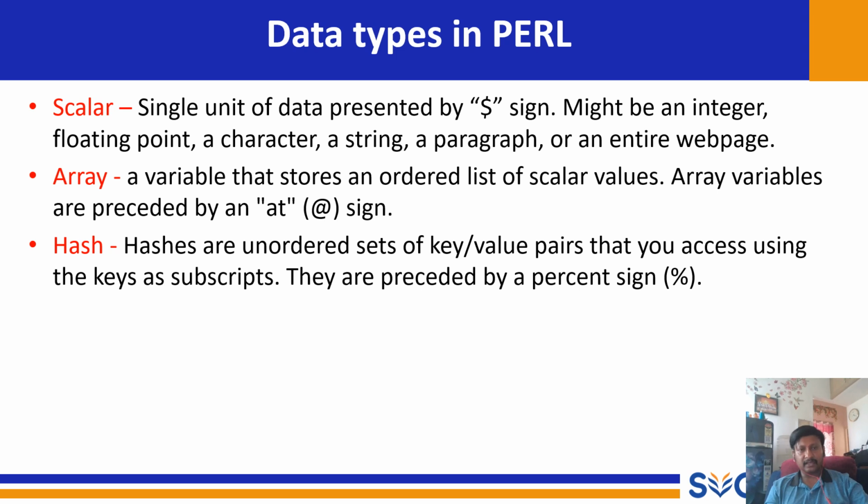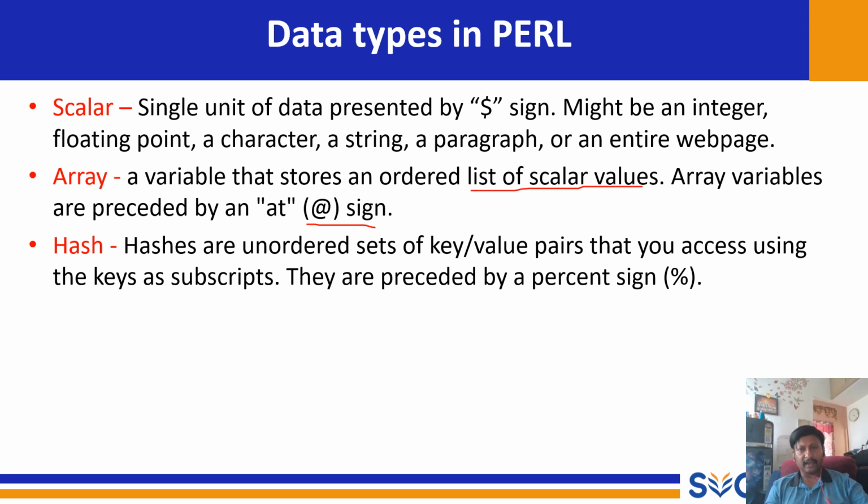Okay, if that is scalar, how about an array? The array is generally represented by at, it is prefixed by at. And what is an array? It is a list of scalar values. Array is a list of scalar values. And the third data type is hash. Hashes generally have a set of key and value pairs.